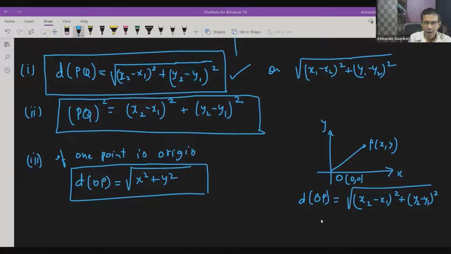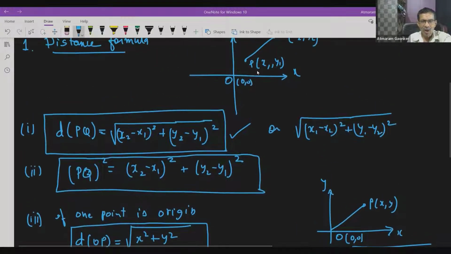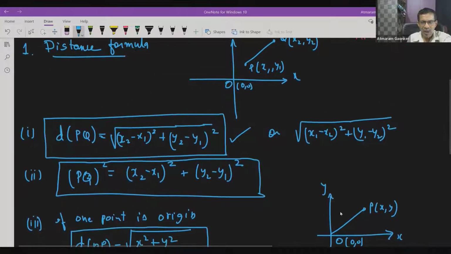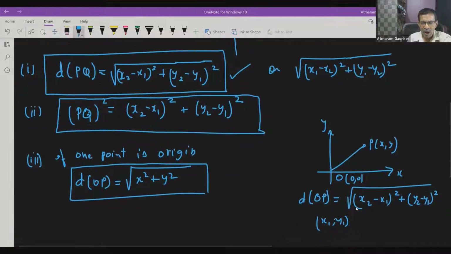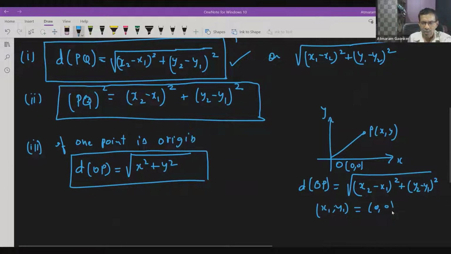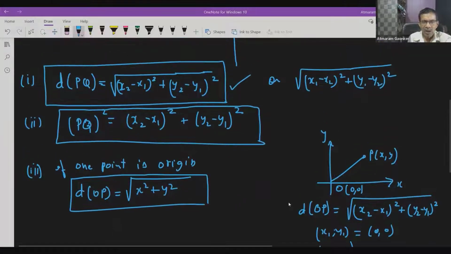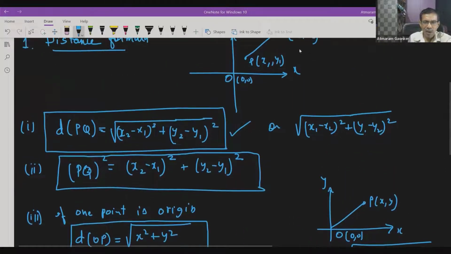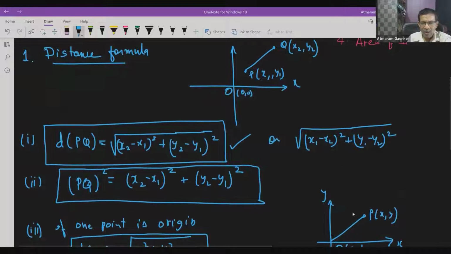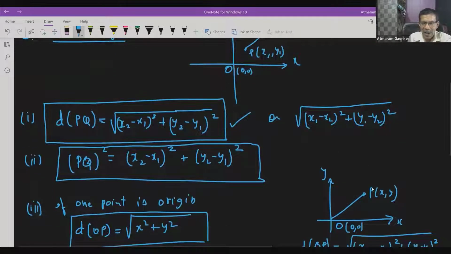Here, instead of (x1, y1), what is there? Instead of P, we have O. That is, (x1, y1) is (0, 0). And instead of (x2, y2), (x2, y2) is nothing but (x, y).